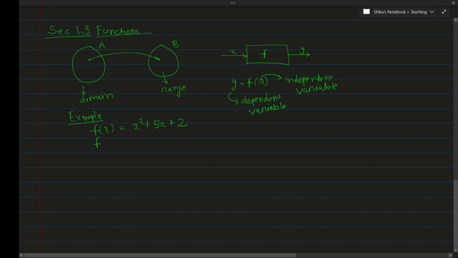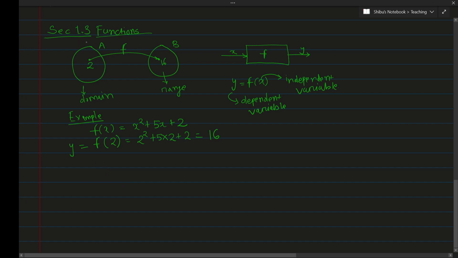Now if we put 2 in place of x, then we will get 2 square plus 5 into 2 plus 2, and this equals 4 plus 10 plus 2 equals 16, right? So here y is equal to 16 for x equal to 2. So if we take this function f and we take an element 2 of this set, then this will map to element 16 of this set.